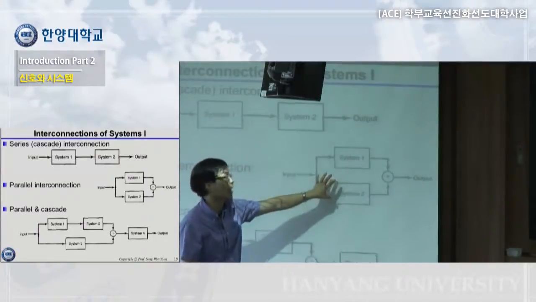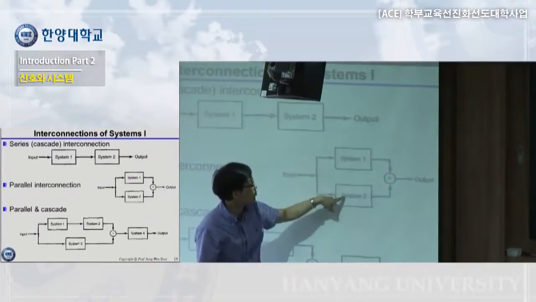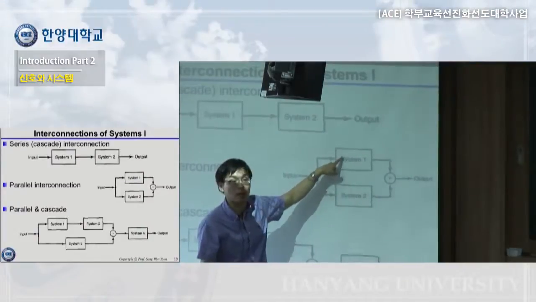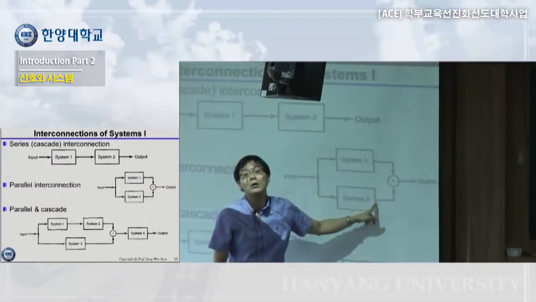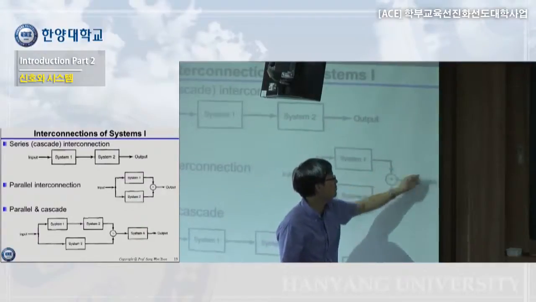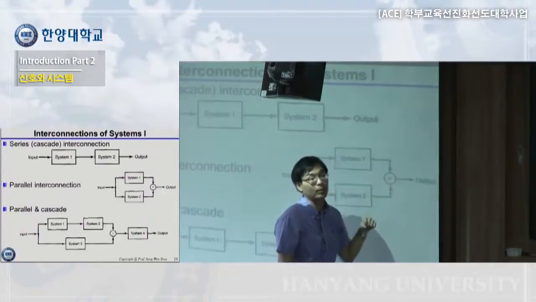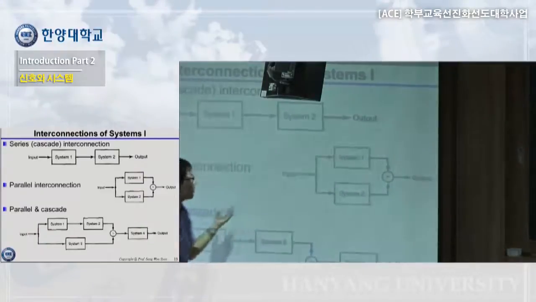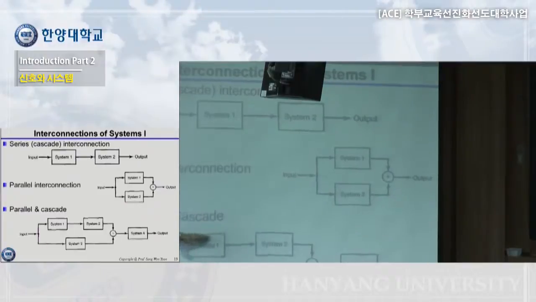Here, they do not, because they are working individually. And their outputs will be combined, maybe with a minus, and the output comes out. This is a parallel system.